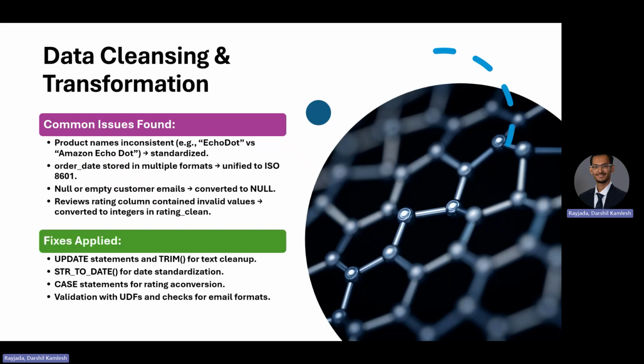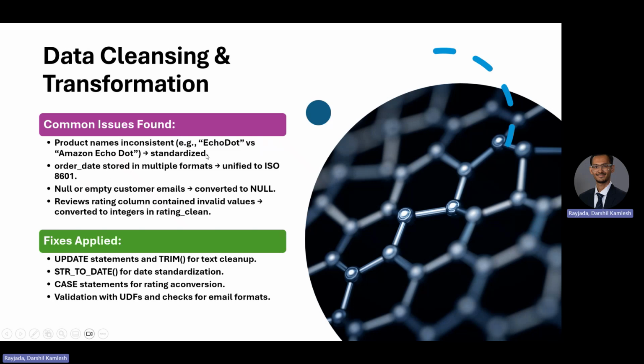Now, the data cleansing and transformation part. Why is it important? Because cleaning involved converting empty emails to null, fixing the inconsistent date format specific to this project, and validating review ratings. This ensured the data was reliable in case further analysis or reporting is needed.